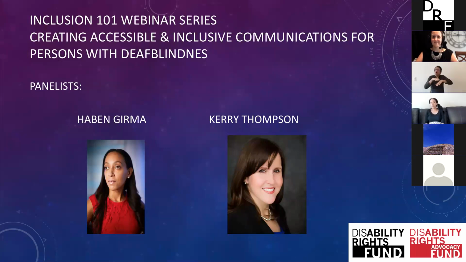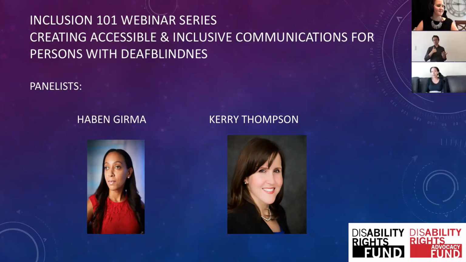I'm going to share some different things used in the deafblind community for access. These are guides, but you start out by asking, what does the person need? I'm a fluent Braille reader. Kerry is still learning Braille. Kerry's fluent with sign language.